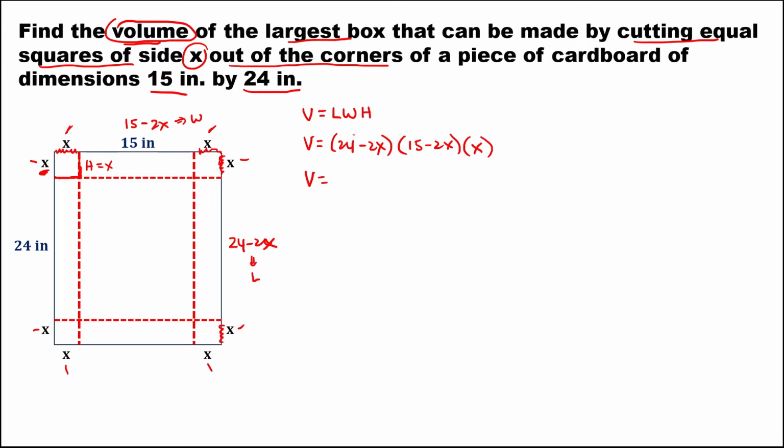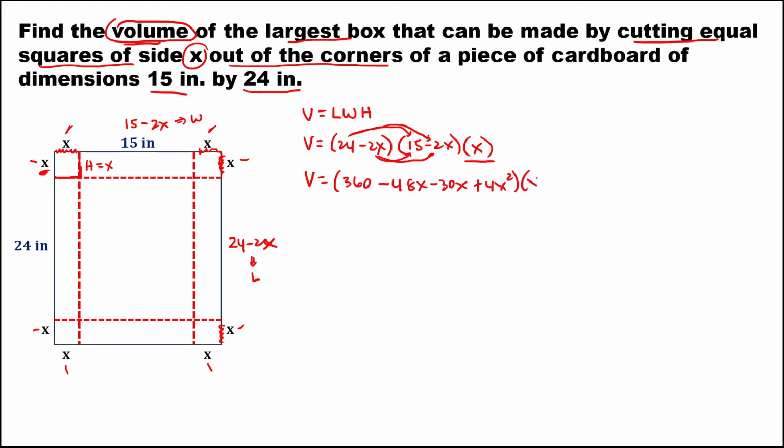Then to simplify, 24 times 15 is 360. 24 times negative 2x is negative 48x, negative 2 times 15 is negative 30x, and negative 2 times negative 2 is positive 4x squared.